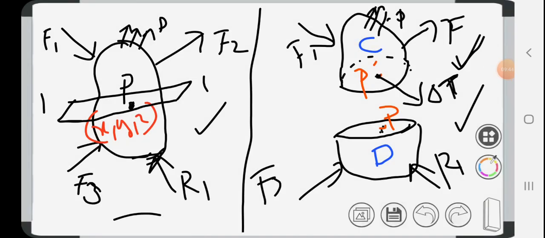Similarly, for D to be in equilibrium, there is another internal force through P, delta T dash. The direction of this delta T should be opposite, and the magnitude should be equal.